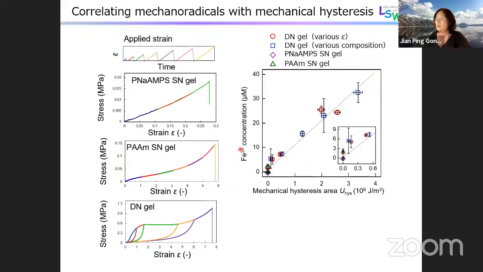So then we can correlate the mechanical hysteresis with the oxidized ions, and that's equal to the amount of mechanoradicals.